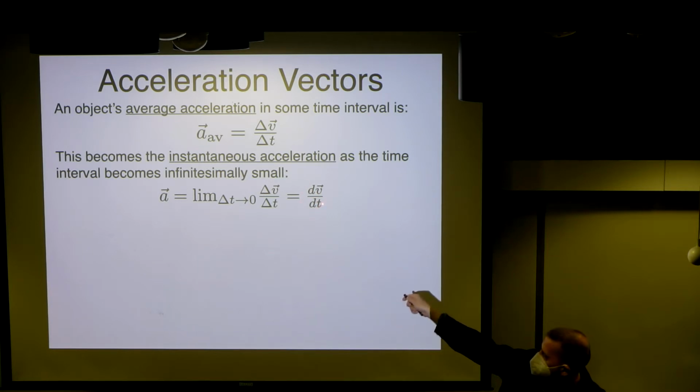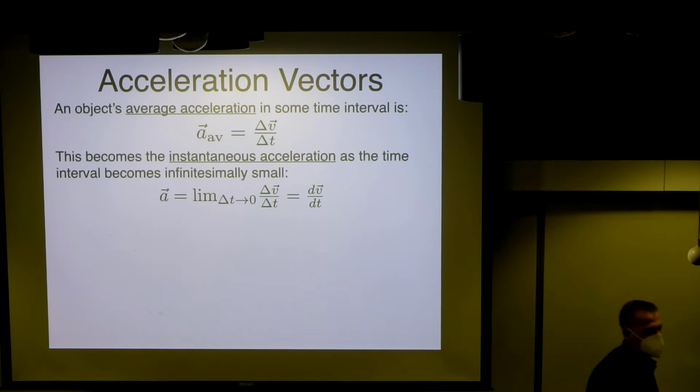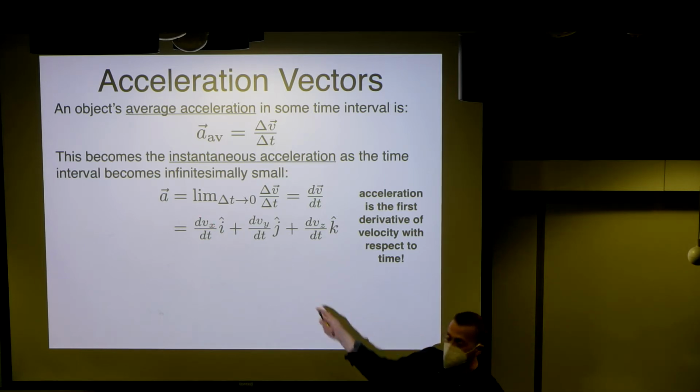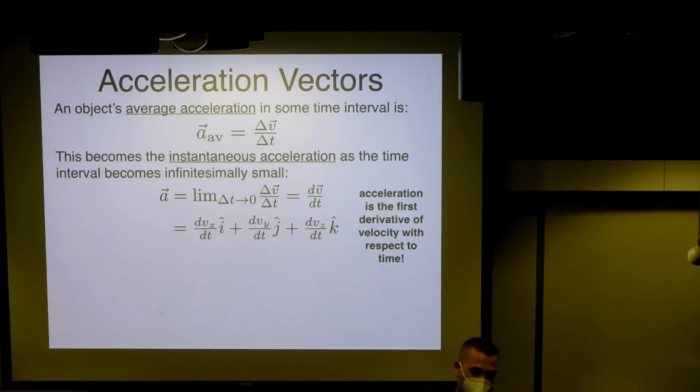So let's try to expand this out into x, y, and z components just to see what it looks like. We know that acceleration is the first derivative of velocity. This is what it looks like when you expand it out into components. Remember, I explained already that your velocity can have an x component, a y component, and a z component.